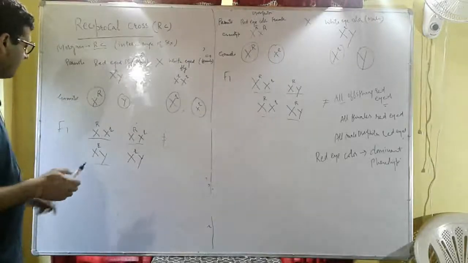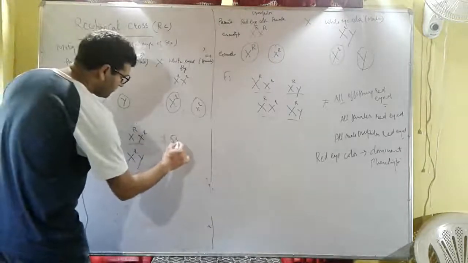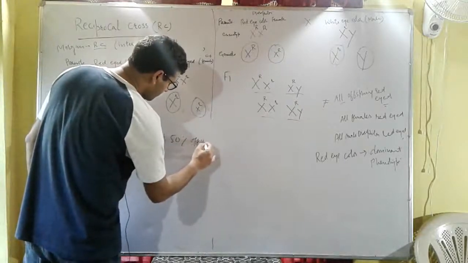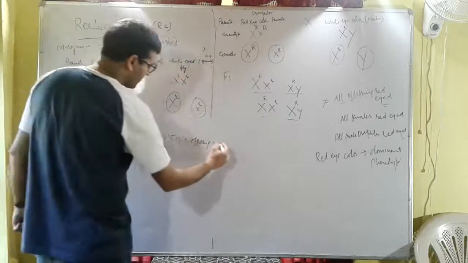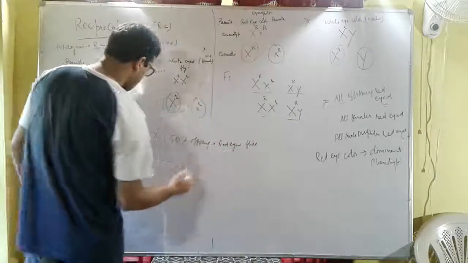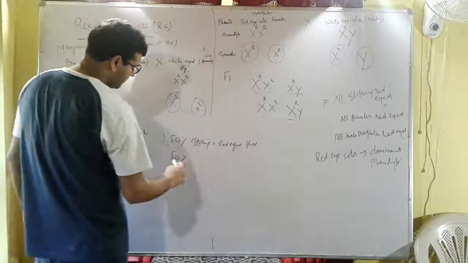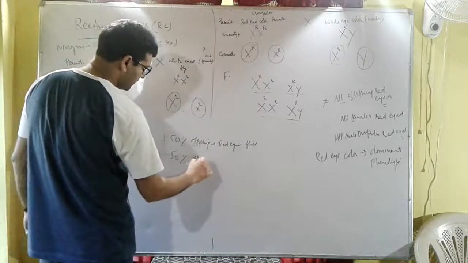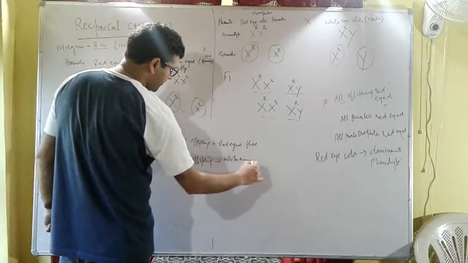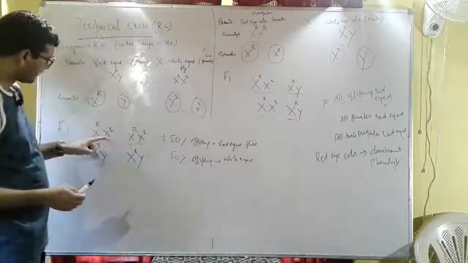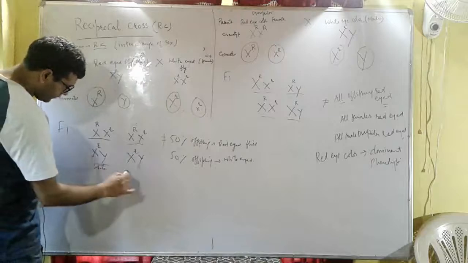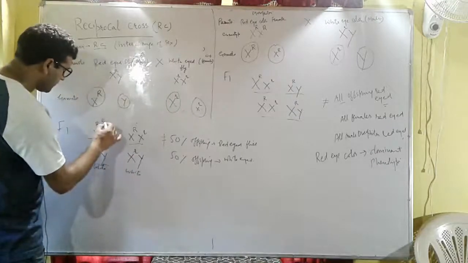So we have 50% offspring red-eyed flies and 50% offspring white-eyed. This is red-eyed, this is red-eyed, this is white, this is also white.